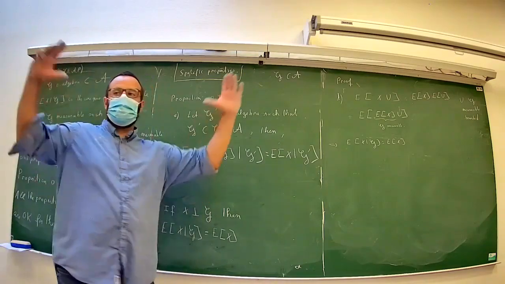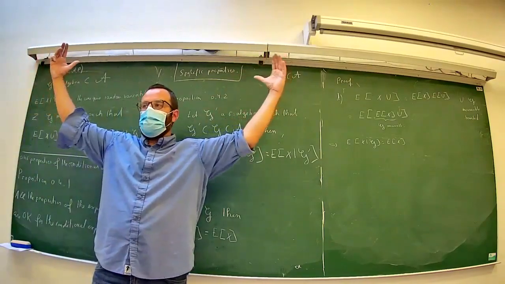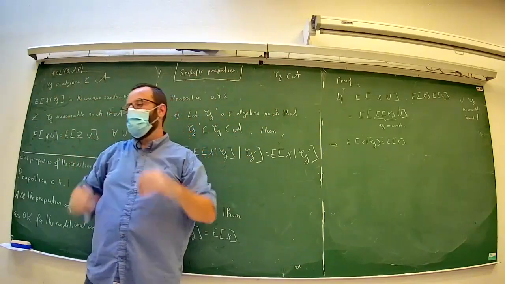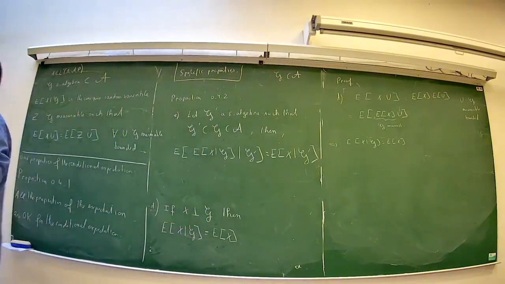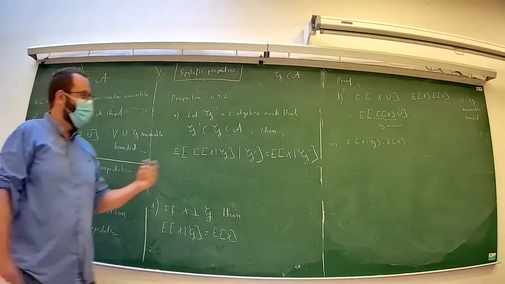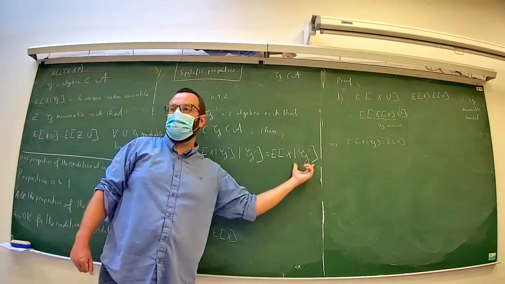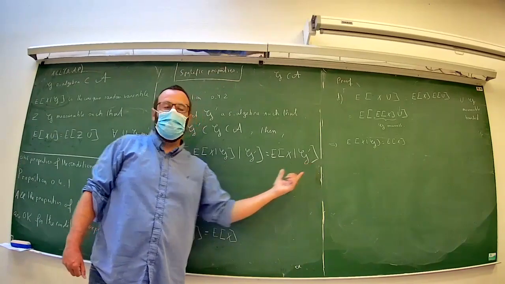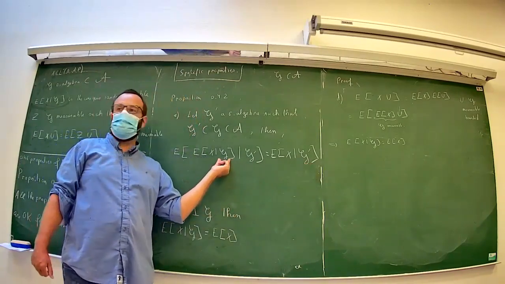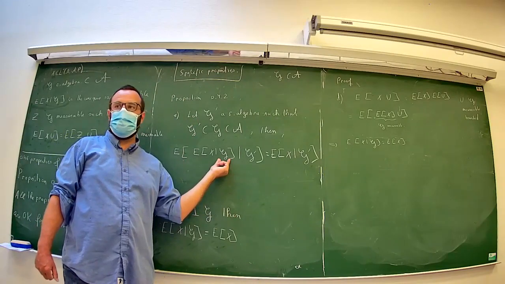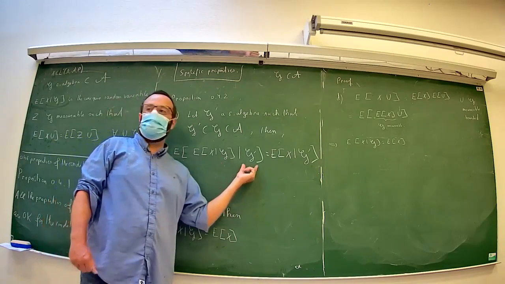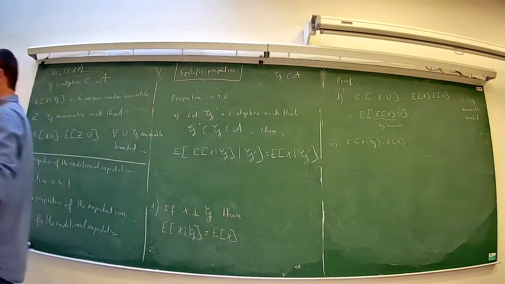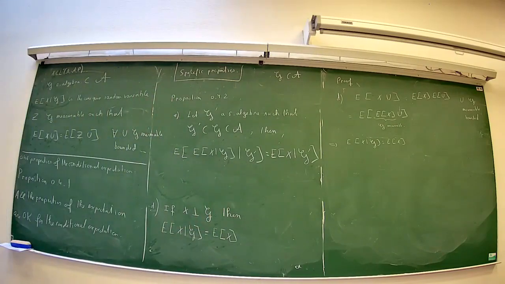I have the set of all random variables, the set of the G ones and the set of the G prime ones. So it means that if I want to approximate X by something that is G prime measurable, I can do it in two steps. First, I approximate it by a G measurable random variable, and then I approximate it using a G prime measurable random variable.